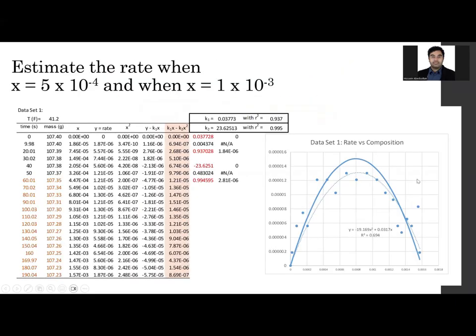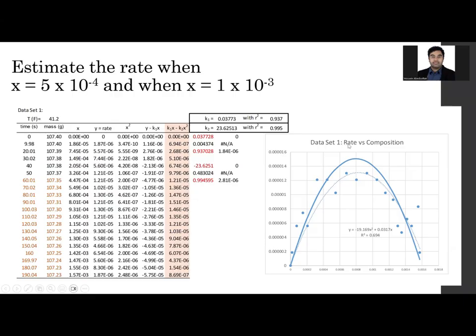Now, based on the raw data we gather, here I want to show you another example of that. And this is related to estimating the rate when x has a specific value. But we don't want to get too deep in the data we have here.